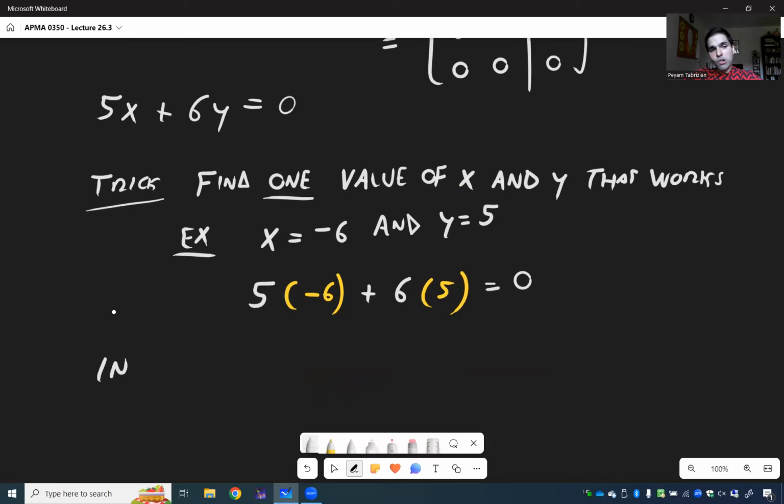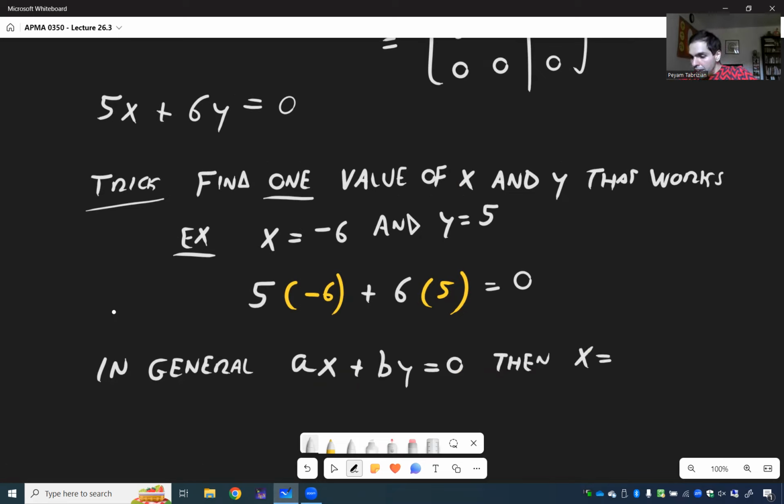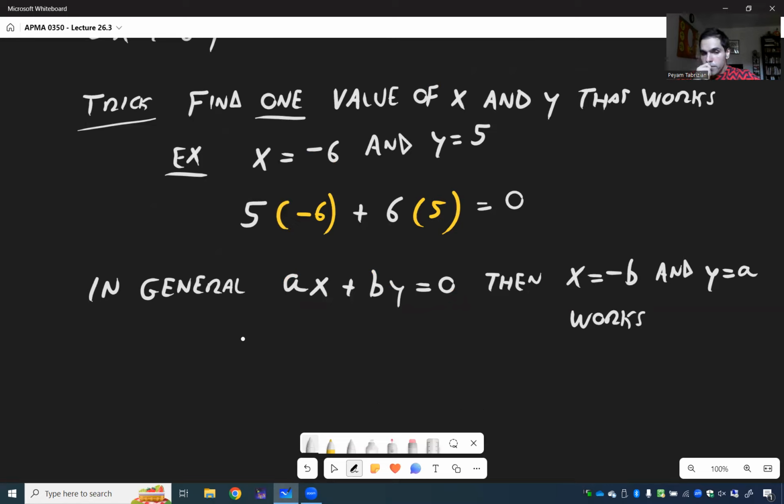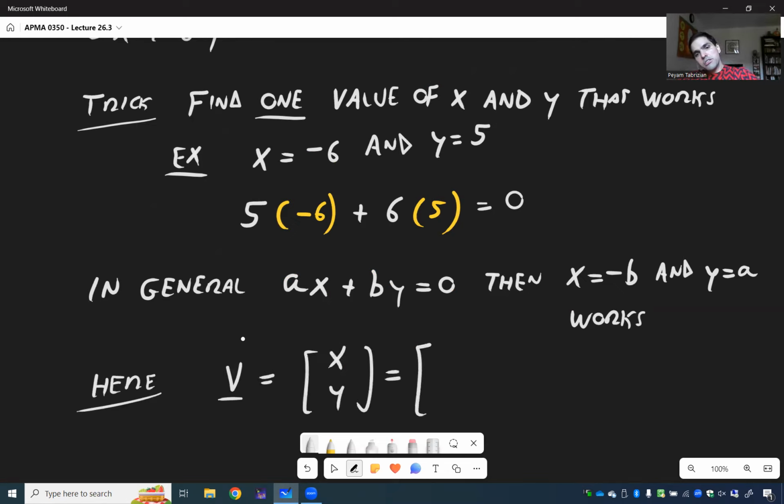And if you want, in general, if you have ax plus by equals 0, then x is minus b and y equals a works. Because a times minus b plus b times a is 0. So here, what is the answer? So here v, which is (x, y), is just (minus 6, 5).